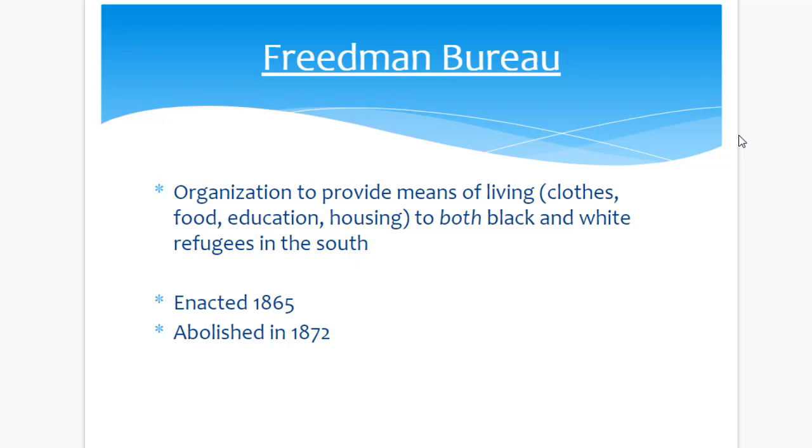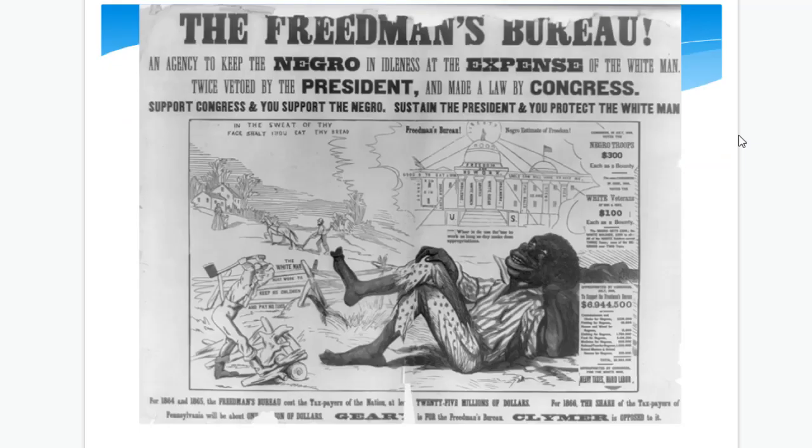So a lot of the promises that were given during that time from the Freedmen's Bureau on behalf of the United States government weren't necessarily followed. You can see some things. There was a lot of racism, of course, at this time. The agency was to keep the Negro in idleness at the expense of the white man. Twice vetoed by the president, made law by Congress.